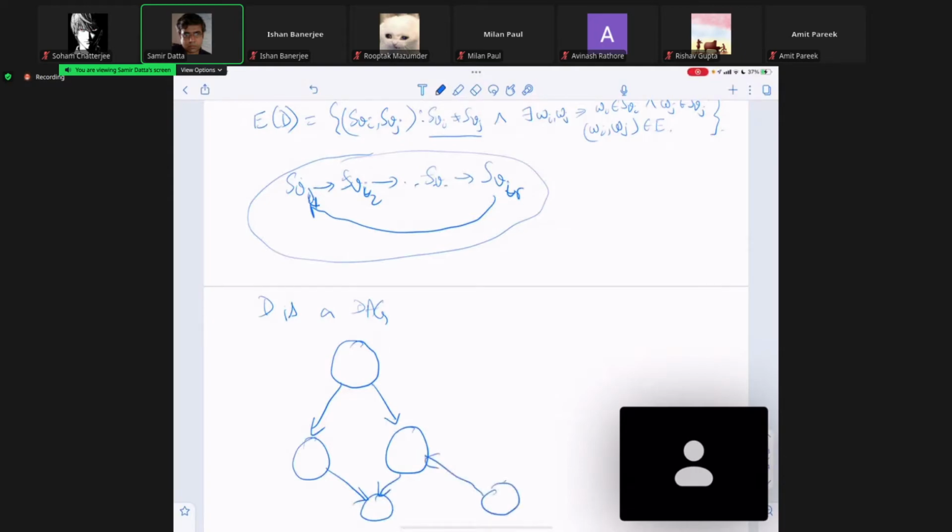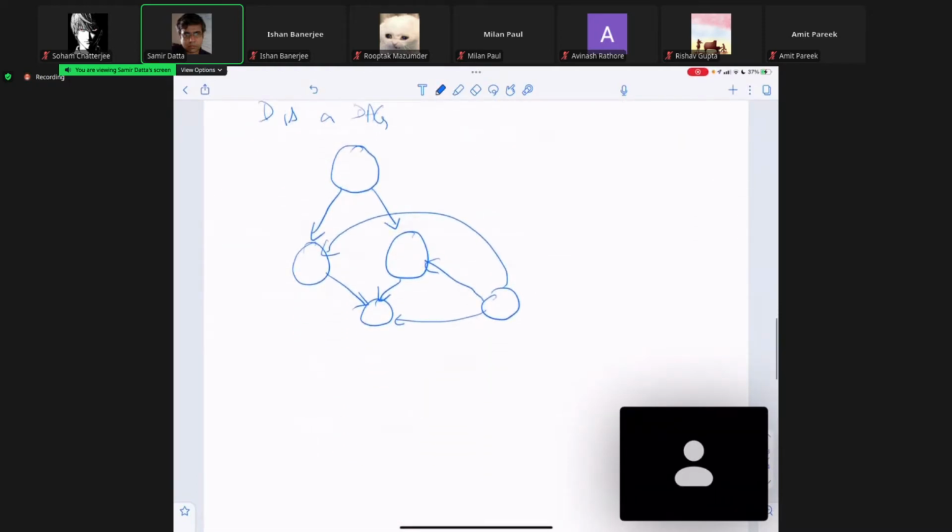It needn't be planar. The only thing is there are no cycles in this, correct? So how would you determine what the strongly connected components are and what the DAG is? Tell me.